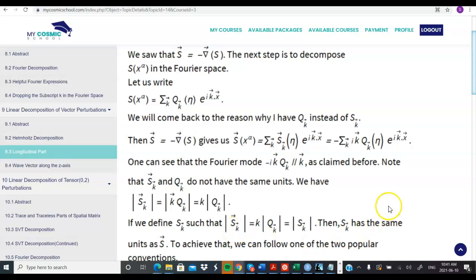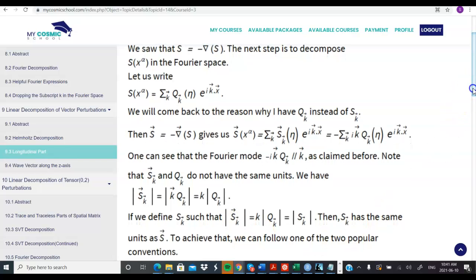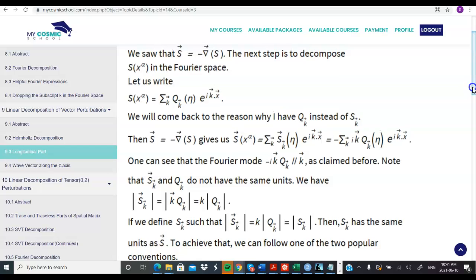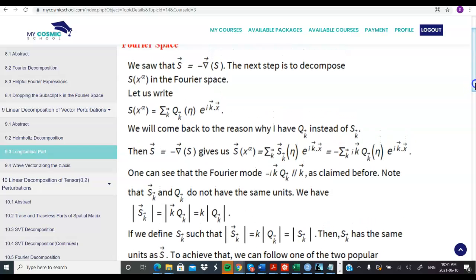So this subtlety, make sure that you grasp properly. What is our goal here?